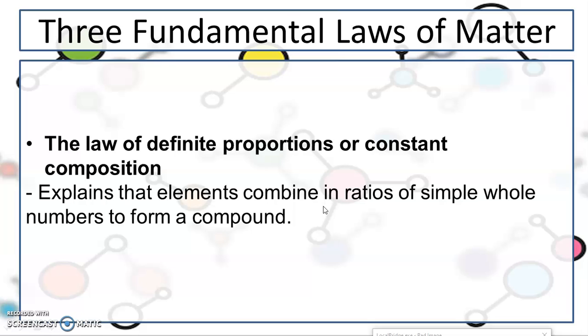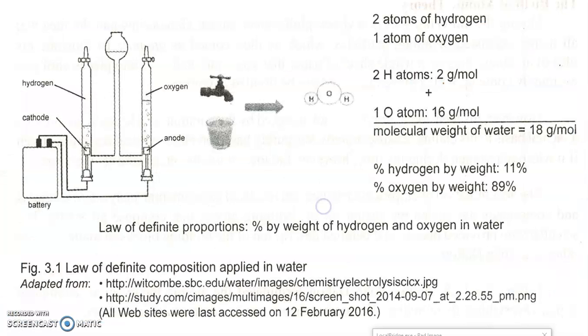If you get samples of water, or H2O, from different areas and subject these samples to chemical analysis, you will find that the molecules of water, regardless of the source, are always composed of two atoms of hydrogen and one atom of oxygen. So these are the experiments that show the law of definite proportion.